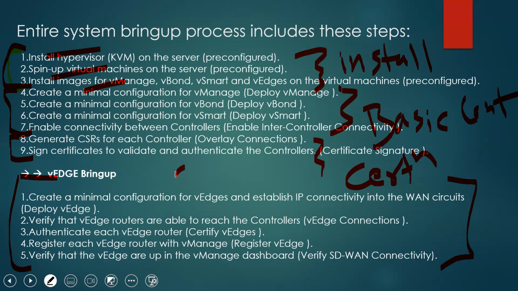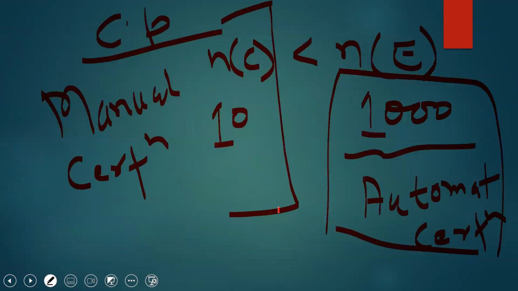What you need to do is configure VPN 0, VPN 512, and one or two lines of certificate things. So your device should know the reachability. Even if they don't have anything related to certificate, it doesn't matter. If you have the proper vBond IP, it will go and get certified from the cloud. So the overall bring up process for the fabric, for the control plane and data plane, is actually very easy in the organization.